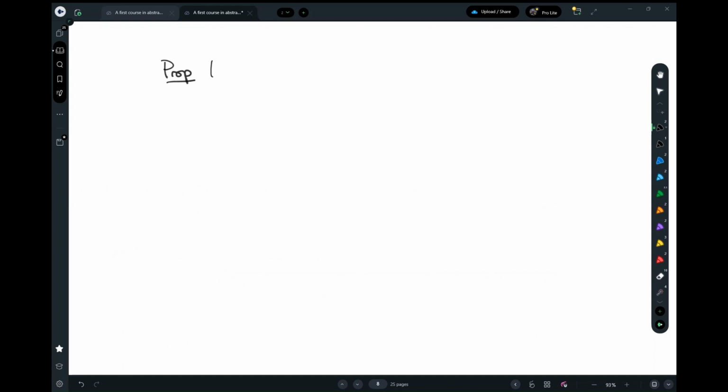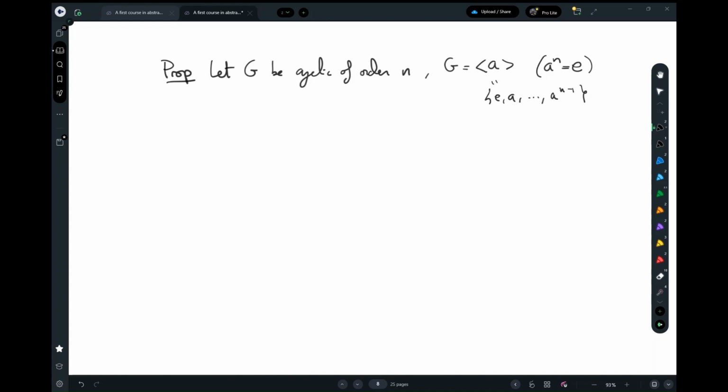that let G be cyclic of order n, and with G being generated by a, which, as we just saw, means that a to the n is e, and that G is e, a, up to a to the n minus 1.